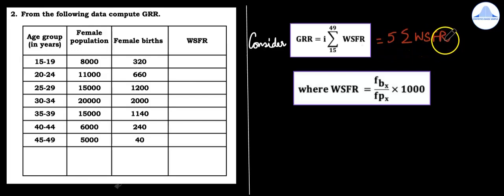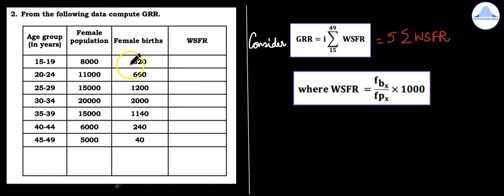WSFR means women specific fertility rate. The formula for WSFR is FBX divided by FPX into 1000. FBX means female births at a particular age group, and FPX means the female population in that age group, into 1000.